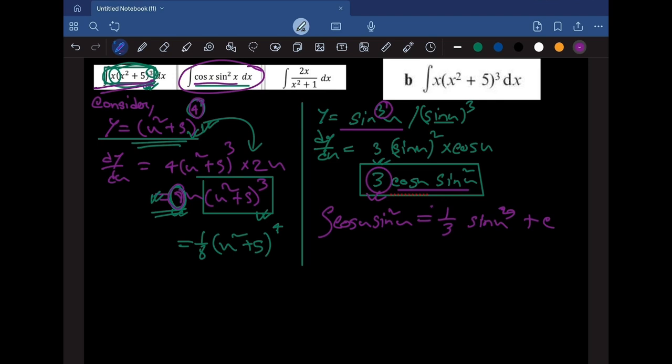Let's say the difference here is 8 and there is 3, we will just divide by that value, 1 by 3 or 1 by 8, with the equation which we differentiated by increasing the power by 1, in the same way. So this is the main way of doing these questions.